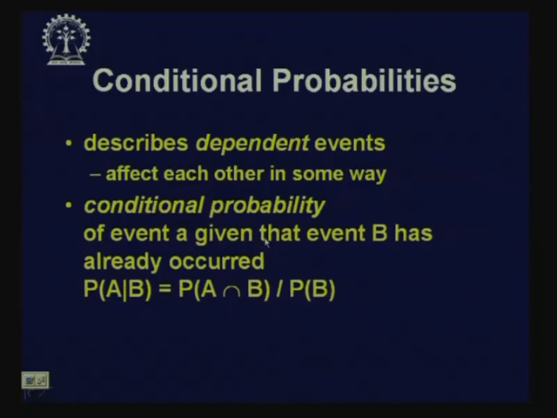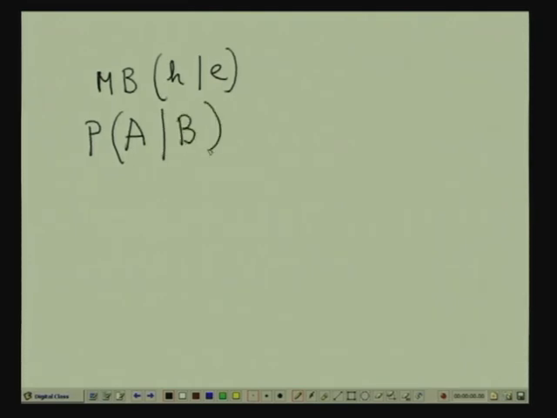This is known as conditional probability, that is the conditional probability of an event A given that event B has already occurred, that is given by P A given B. Now, here you will again find some similarity with our certainty factor case, where we are time and again writing M B H given E. Similarly, here we are saying probability of an event A occurring if B has occurred.